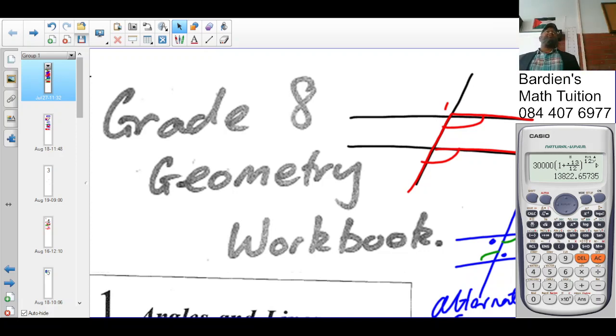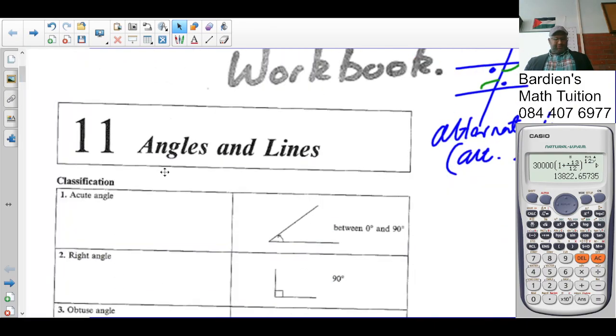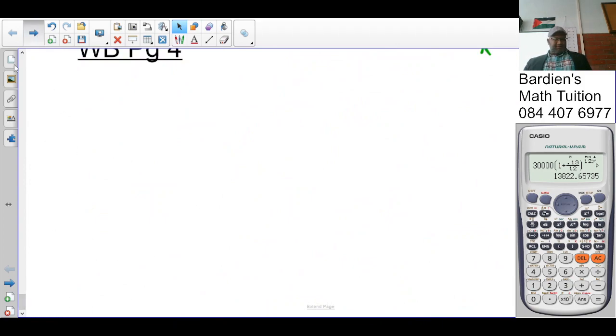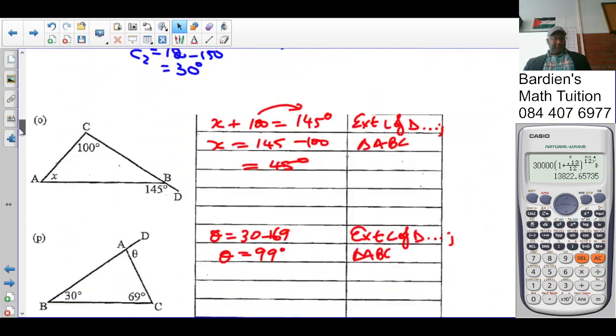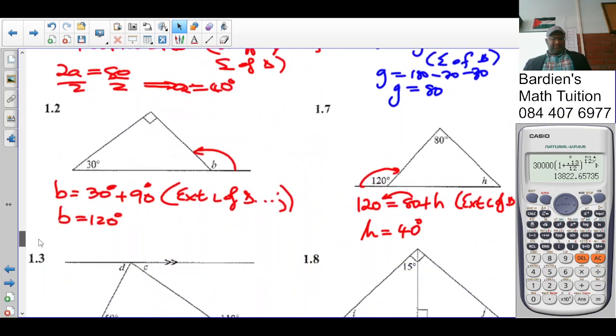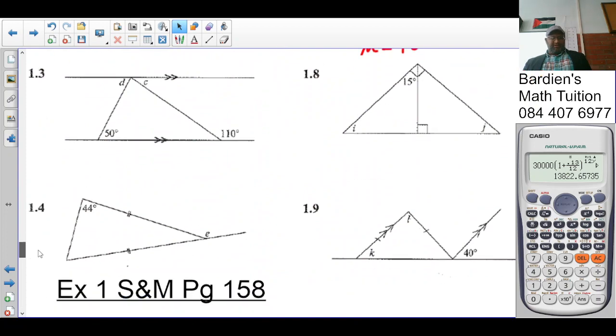Okay, good morning class. So today we're looking at geometry, correct? I gave you some homework as per usual. The homework was 158. So we did all this here.